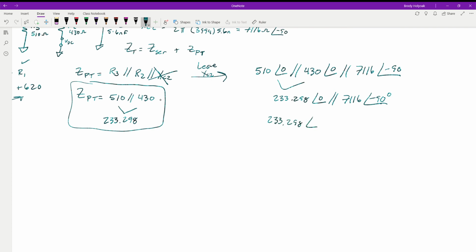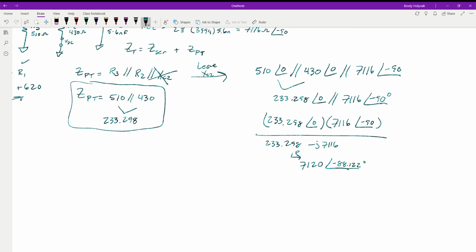So we end up with 233.298 at 0. We multiply that by 7,116 at negative 90, and then we divide that by 233.298 minus J of 7,116. This value we need to convert into polar, and when we do that, that becomes 7120 at negative 88.122.